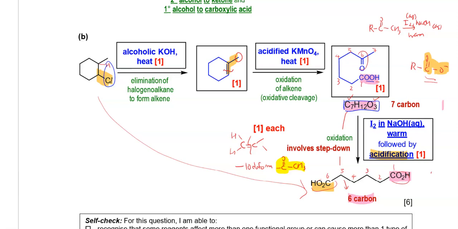So this COO minus, the number 7 carbon, the CH3, if you recall, becomes your yellow precipitate of CHI3 after iodoform. Okay, with that, we are done with question 1.